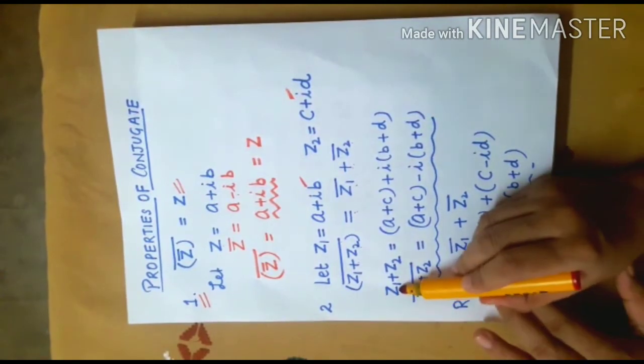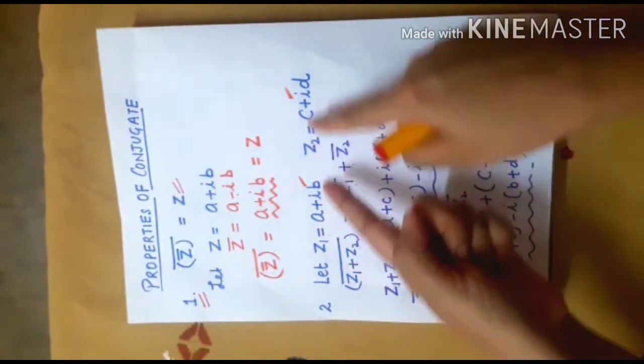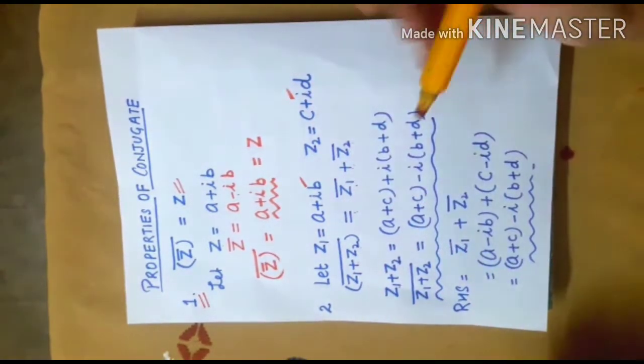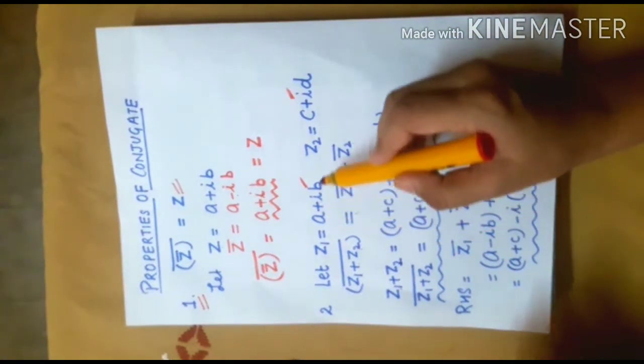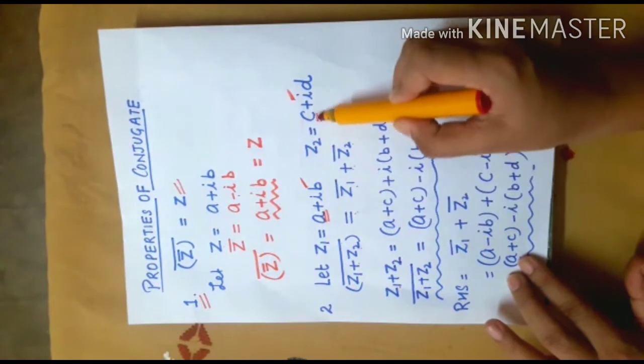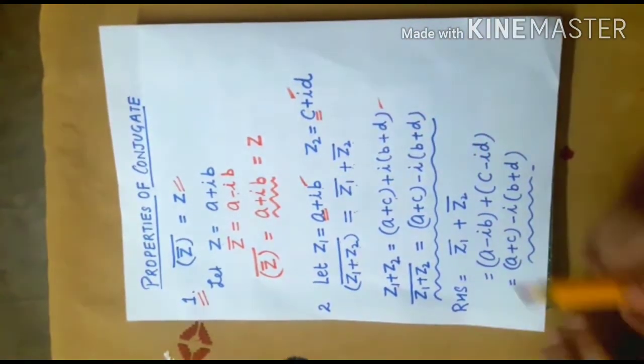First I'll compute z1 plus z2. That means I have to add these two complex numbers. When we add two complex numbers, we add their real parts and we add their imaginary parts. So it will be a plus c plus iota times b plus d.